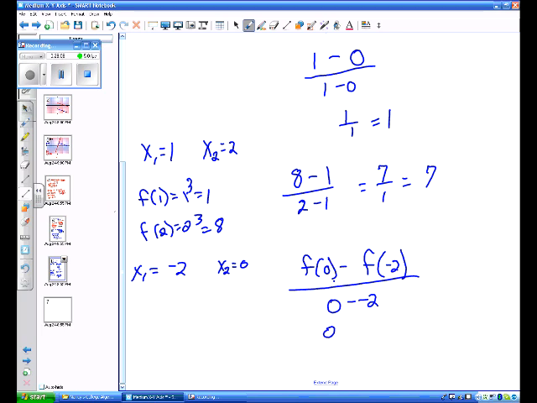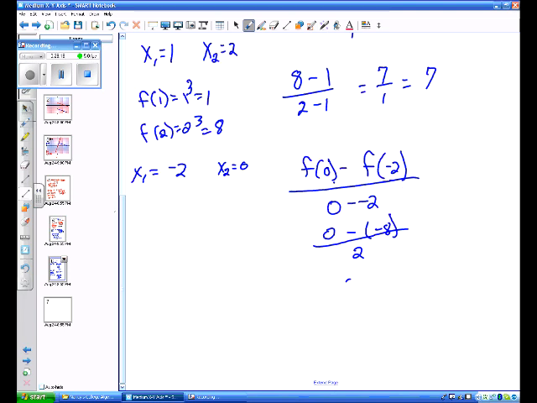So 0 cubed is 0. Negative 2 cubed is negative 8, over 2 minus a negative 2, which is 2. So we end up with 8 over 2, which is 4. So that would be our average rate of change. And so it's a matter of plugging it into your formula at the different times.